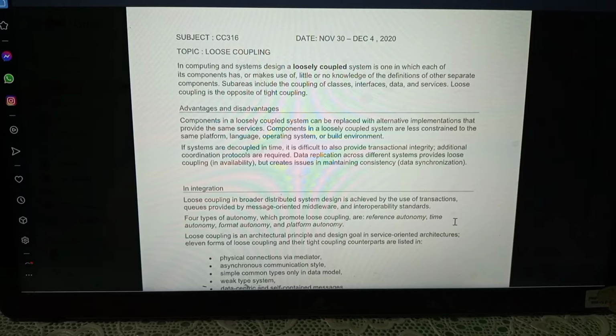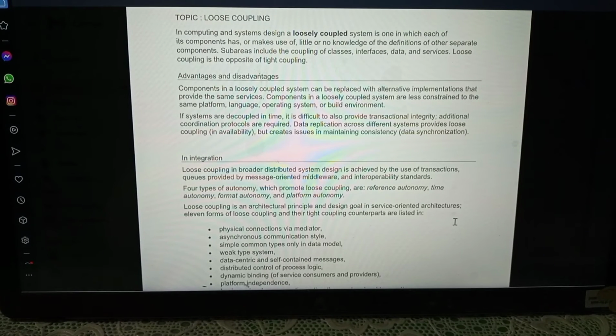Then there are four types of autonomy which promote loose coupling: reference autonomy, time autonomy, format autonomy, and platform autonomy. So, loose coupling is an architectural principle and design goal in service-oriented architectures.